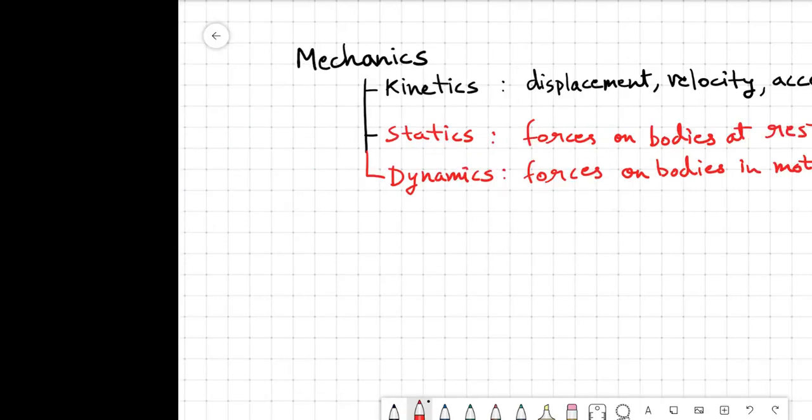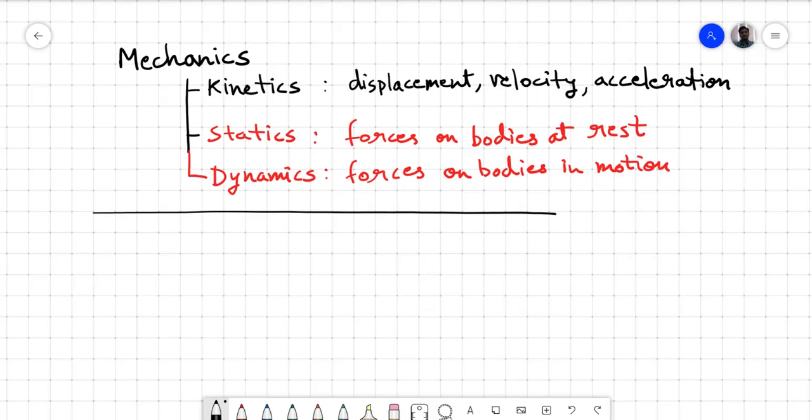Now, we can further divide this mechanics based on what we are studying. Mechanics of what? So you can have mechanics of particles, mechanics of rigid bodies, and mechanics of continuous media.